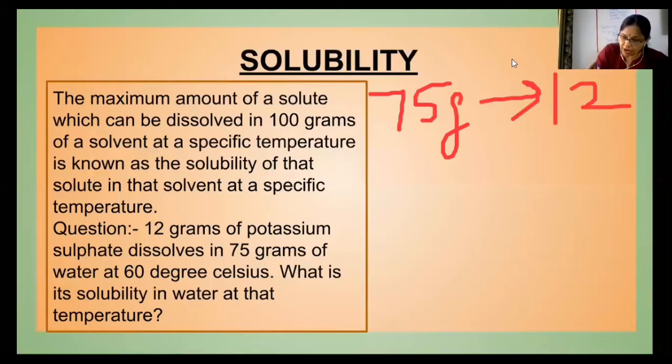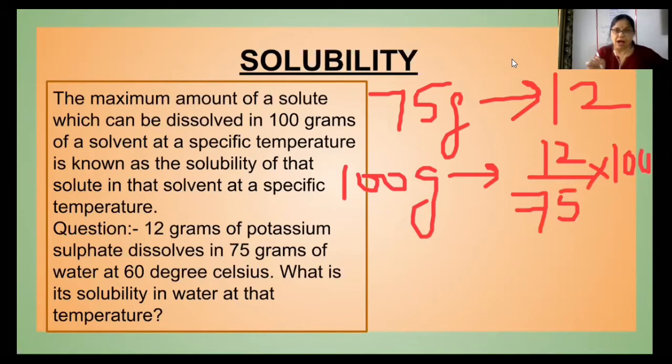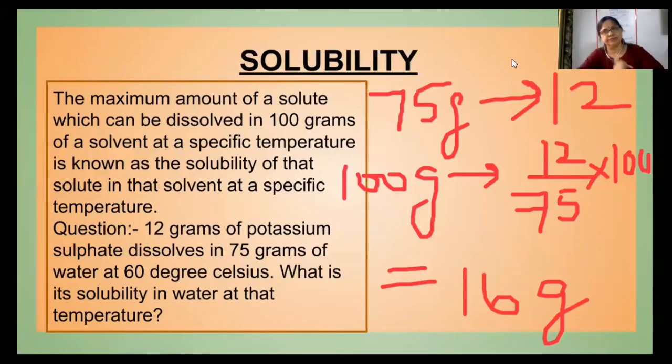So 100 gram will dissolve 12 divided by 75 multiplied by 100. The answer is 16 gram. This is the solubility: 16 gram per 100 gram of water.